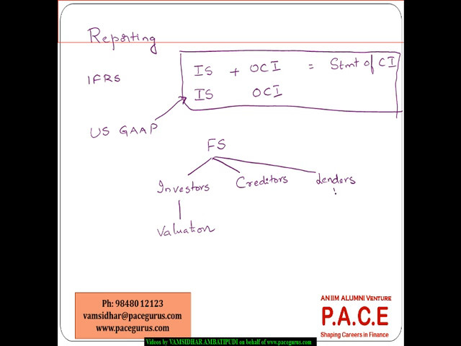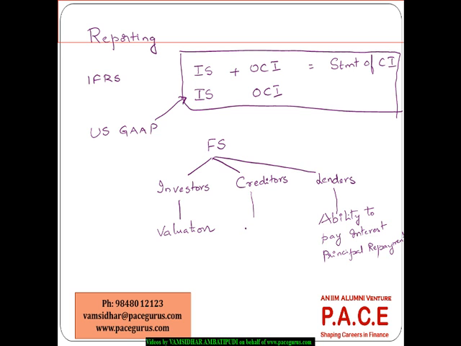And from a lender's standpoint, their understanding of the income statement is to assess the company's ability to repay, ability to pay interest on time, and ability to make a principal repayment whenever required. So the lenders would evaluate the income statement of the company for that purpose.